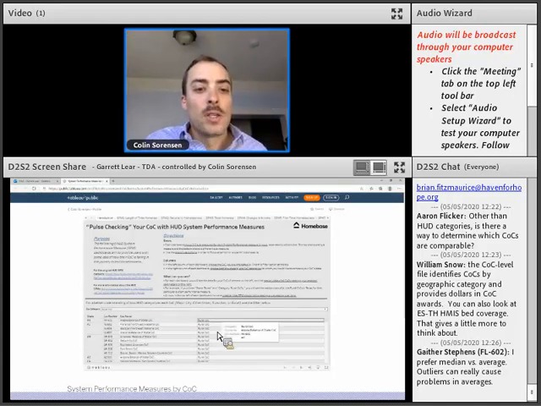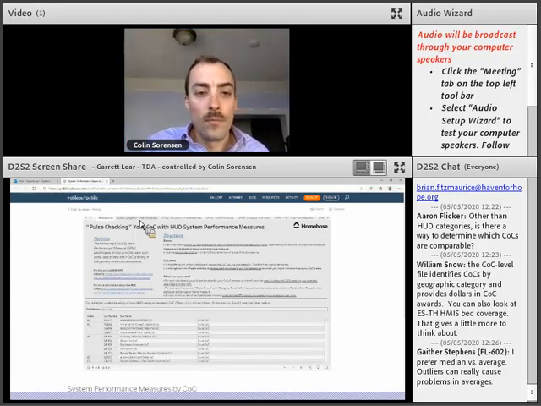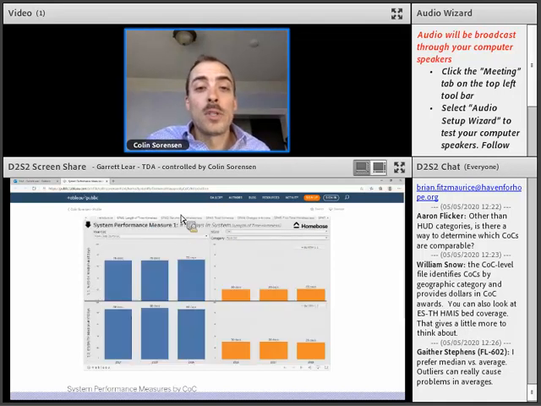Again, remember that it's the median of all the CoCs, not the average. I guess I didn't explain that. I chose median because there are a few CoCs that really have some outliers, and I didn't want to throw information off because of those outliers. For example, a classic outlier would be New York City, obviously, which just has so many people.